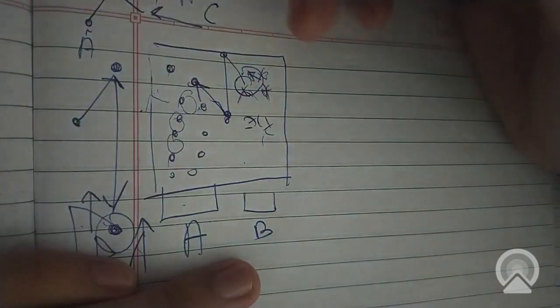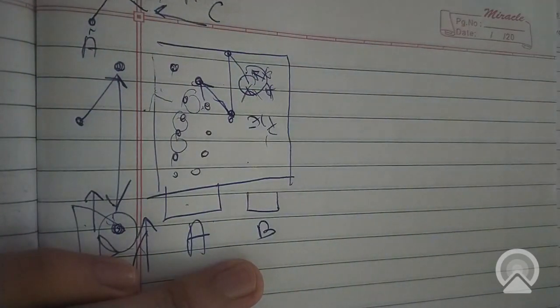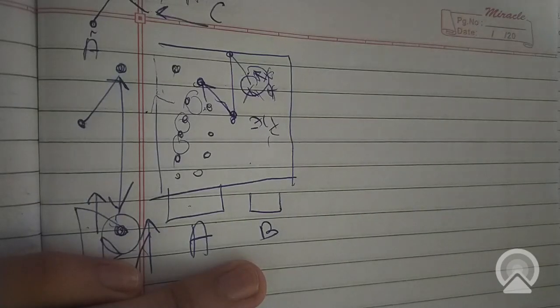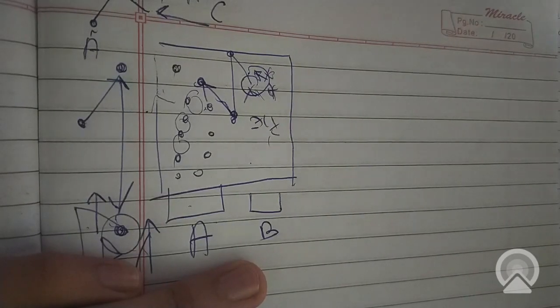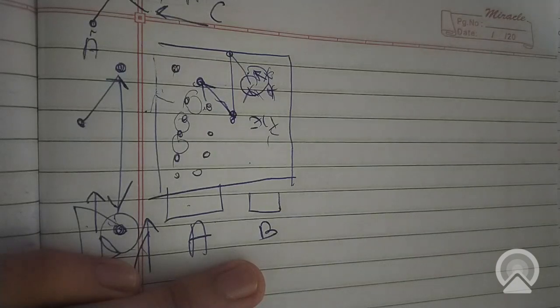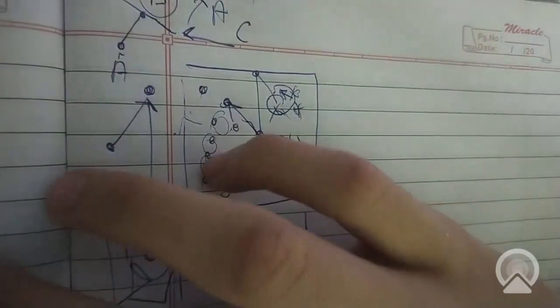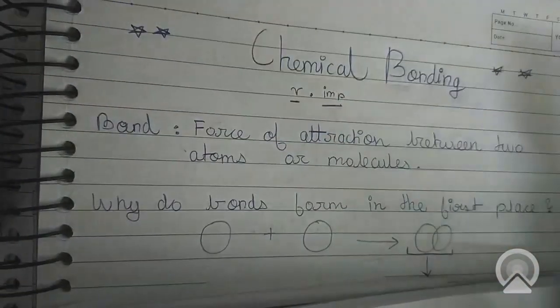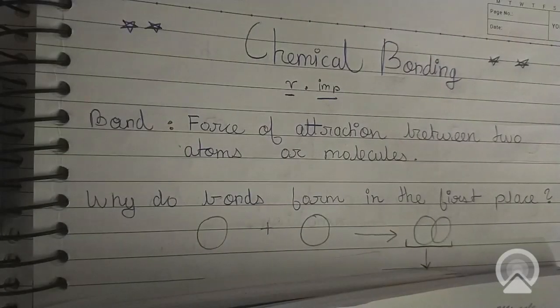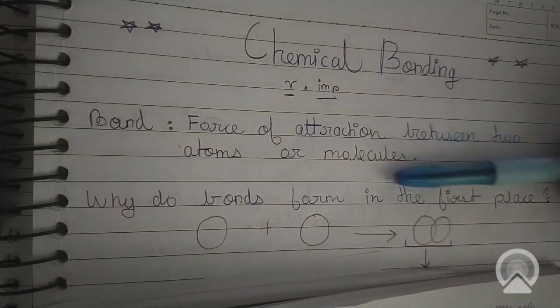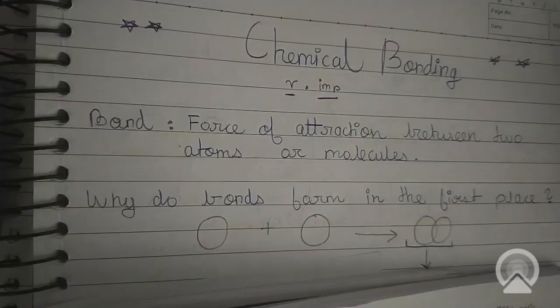And somehow it just has the right orientation and the right speed, and in those given conditions, some kind of interaction happens, and then the bond forms. The scientific definition of a bond is a force of attraction between two molecules.